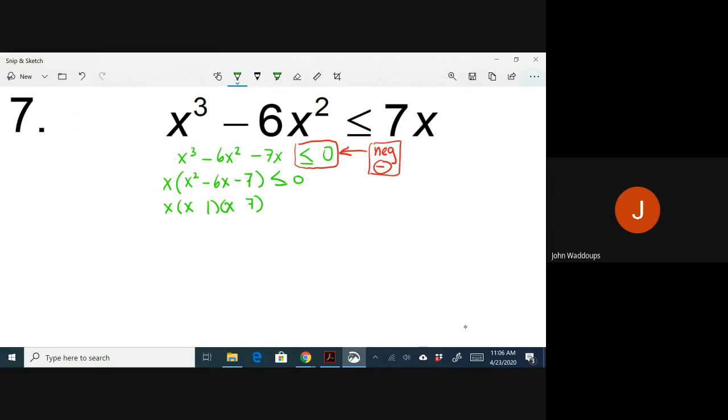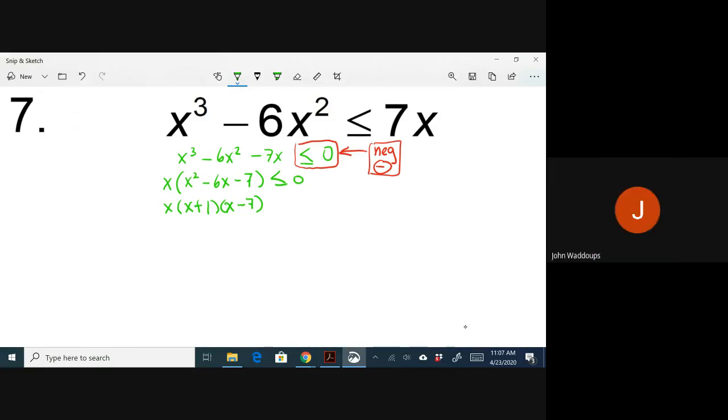To multiply to give you -7, one has to be positive and the other negative, and they combine to give you -6. Which one has to be negative? It would be the -7 and then +1, because +1 times -7 is -7, and +1 plus -7 would be -6. Yep.